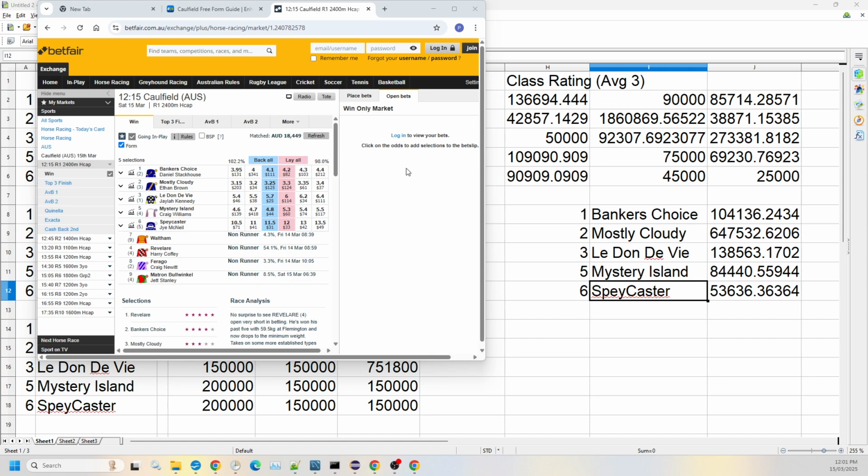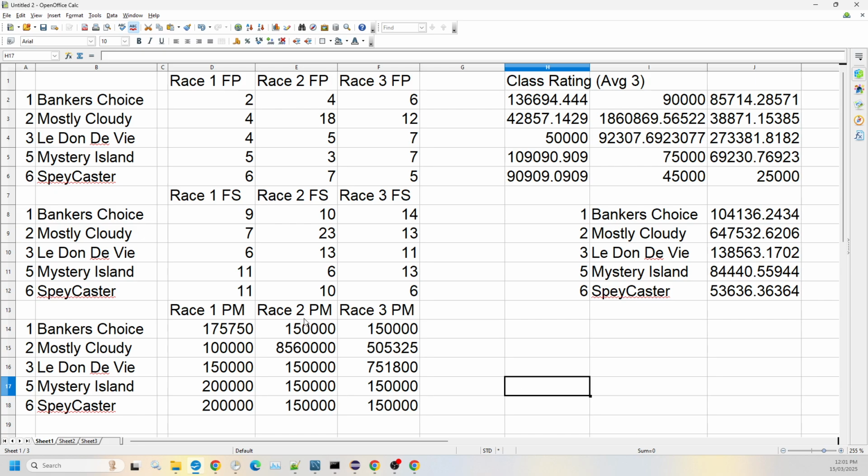So you may have had a look at this and gone, okay, Mostly Cloudy is favourite, but if you took these two out, what did he actually get for race one? So he only had a rating of 42,000, which is lower than even what Spaycaster had for its averaged class ratings. So is Mostly Cloudy actually a false favourite here, even though the class ratings suggest it is or should be favourite?